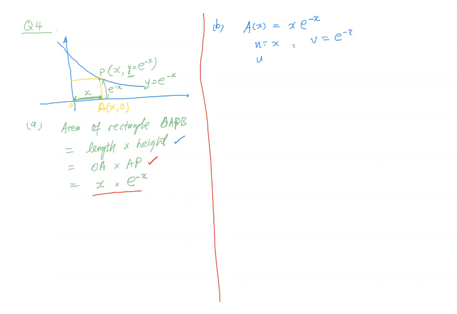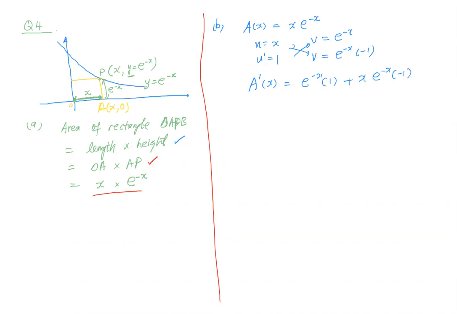So we have been doing this many times. So we substitute in v, cross multiply like that, plus u v prime.